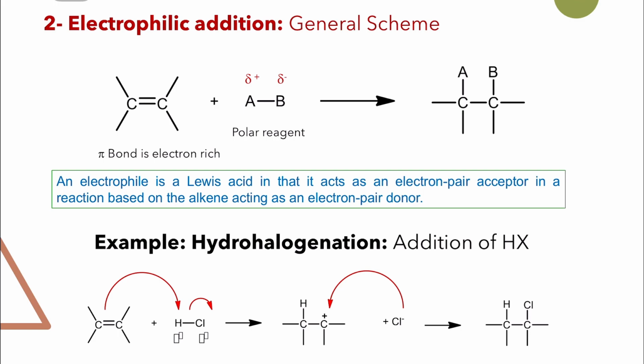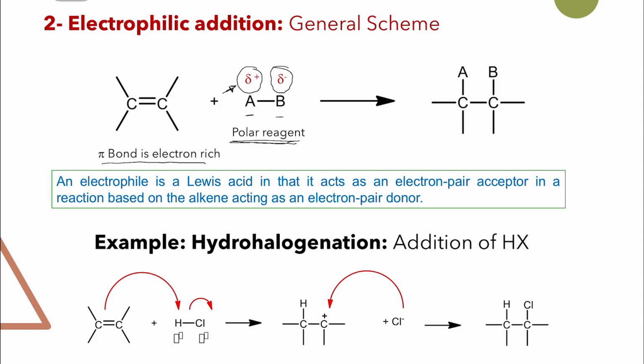Now the double bond here is electron rich, and then we have some sort of polar reagent. Polar reagent means that there is a bond between two groups or two atoms, where there is a partial positive charge on one and a partial negative charge on the other. This sign here means partial positive and partial negative.